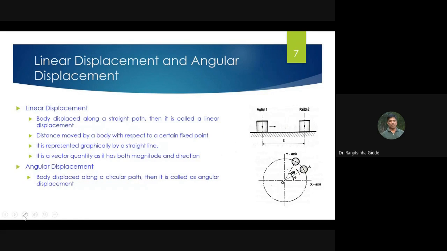Velocity, so you know V is equal to ds by dt, and this is linear velocity. Angular velocity omega is equal to d theta by dt.